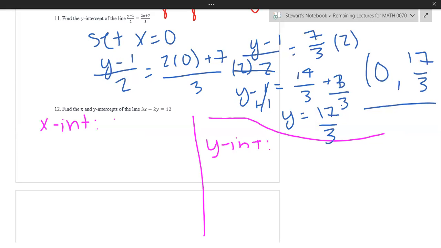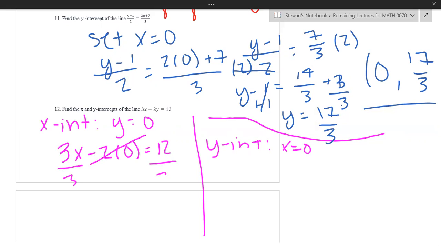So in this one, y equals 0, and in this one, x equals 0. So for the x-intercept, if y equals 0, we have 3x minus 2 times 0 equals 12. Well, this is just 0. So if we divide by 3 on both sides, we get x is equal to 4. So the x-intercept would be the point (4, 0).